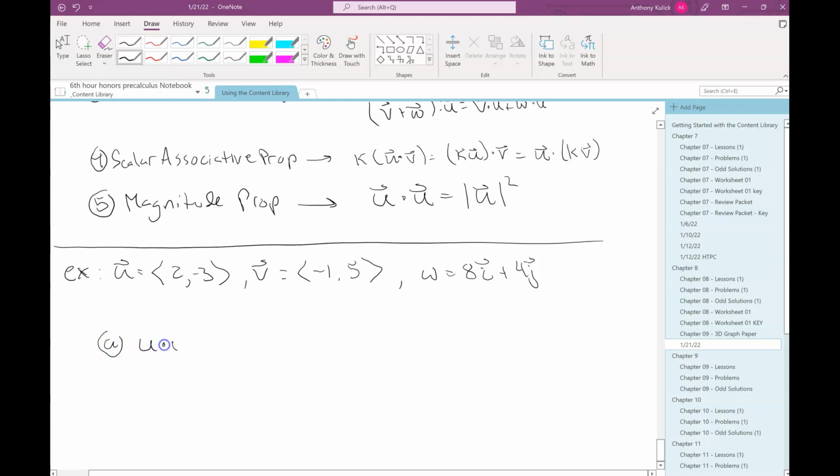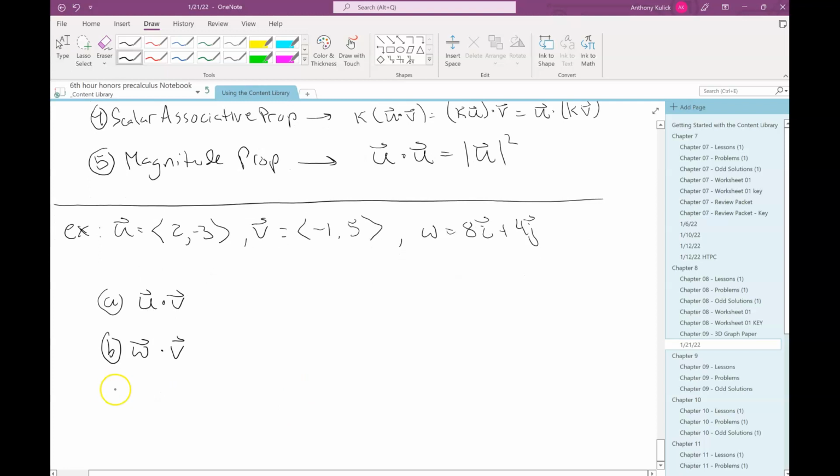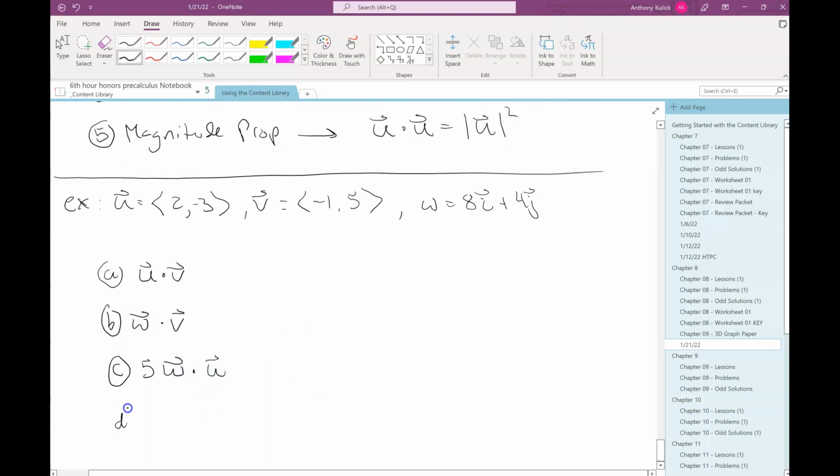And we're going to do u dot v, and then w dot v, and then 5w dot u, and then lastly u minus w dot 2v.